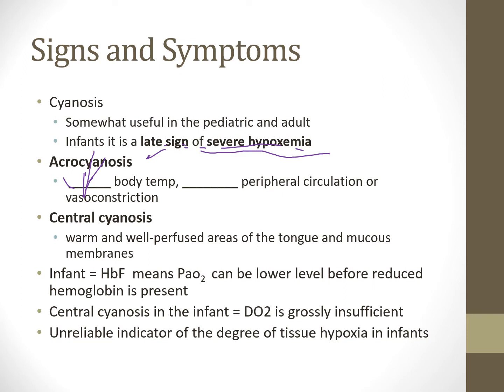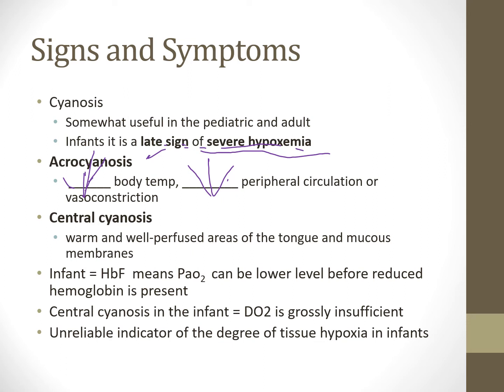When your body temperature decreases, your peripheral circulation will have vasoconstriction because it's so cold. So when body temperature decreases, we'll have a decrease in circulation, and because they're vasoconstricted, they're cold. So is this baby cold? Could that be one of the things that's causing their acrocyanosis?